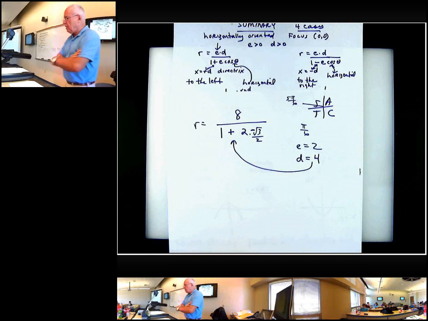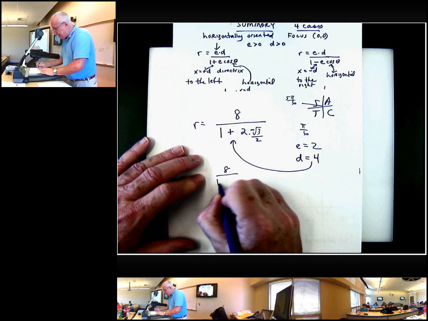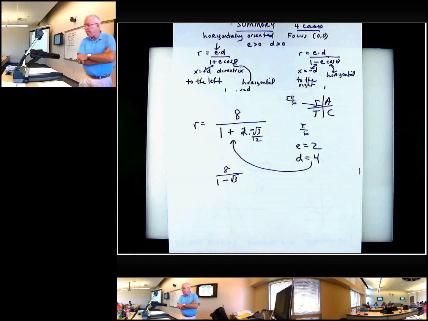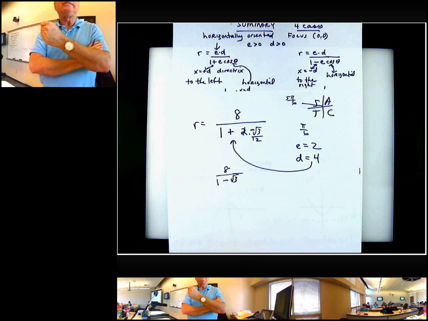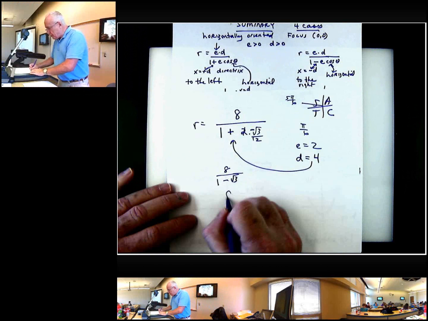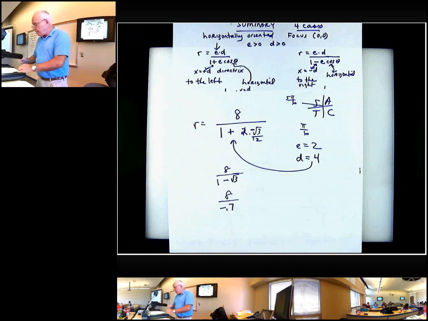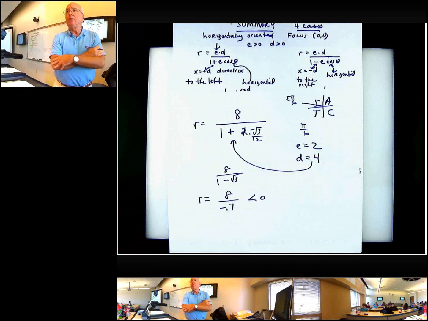Okay? So we have 8 over 1 minus, the 2's here would cancel out, over the square root of 3. So square root of 3 is what, about 1.7 something? All right, so this is going to be 8 over negative 0.7. So we're going to have a negative value for the R. R is going to be negative in value.